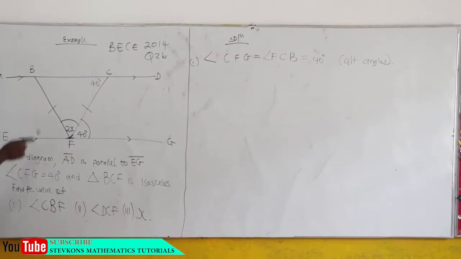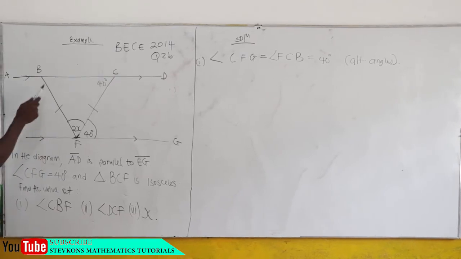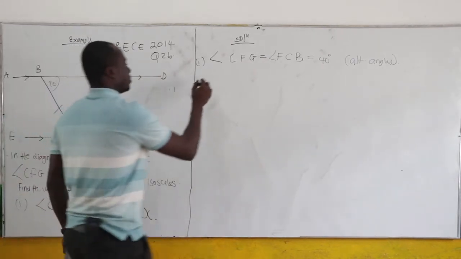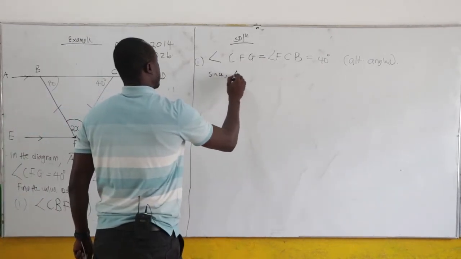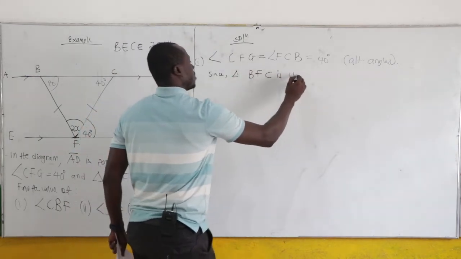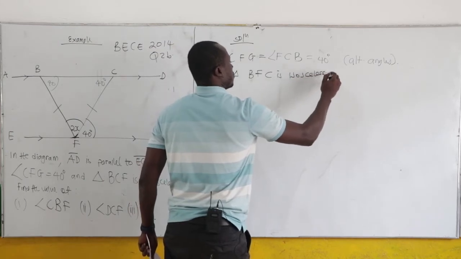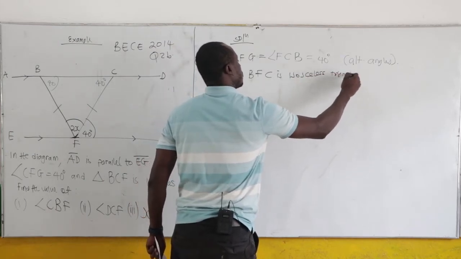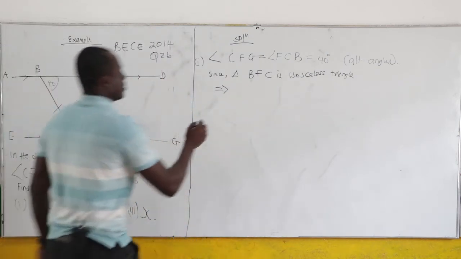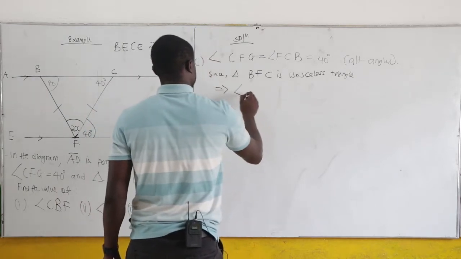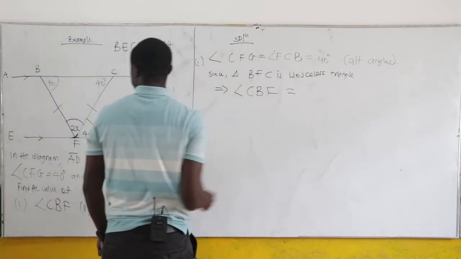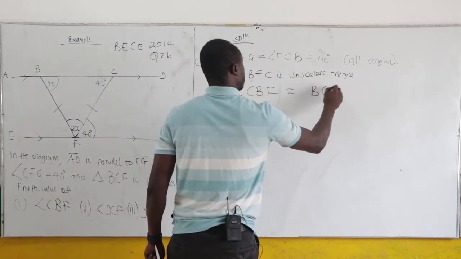Now, because BFC is isosceles, hence the base angles are the same. So if this is 40, this is also 40. Since triangle BFC is an isosceles triangle, this implies that angle CBF is equal to angle BCF.